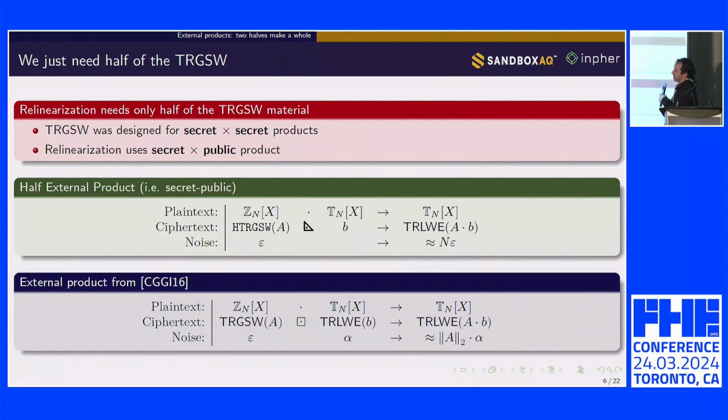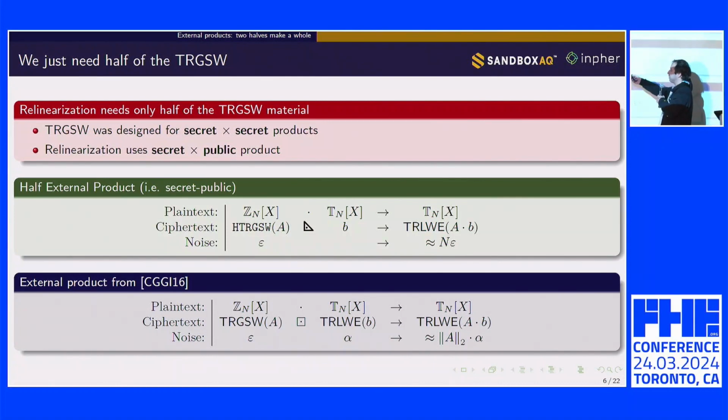Except that the original external product was meant to multiply two secrets: secret coefficient times secret ciphertext. The problem is that in relinearization, the ciphertext is public, only the coefficient is secret. So we are just propagating 0 for half of the terms, and we could have erased half of the key for that.